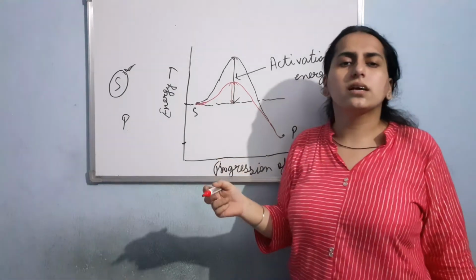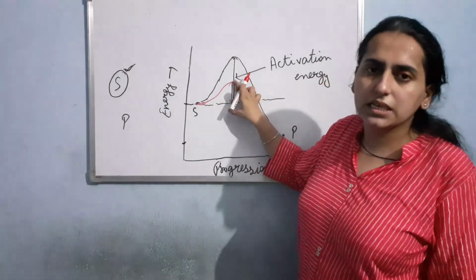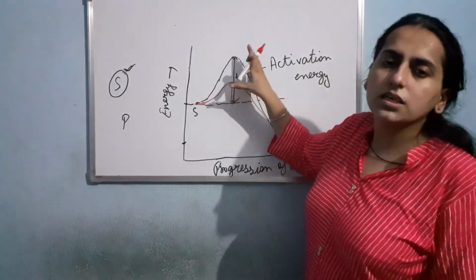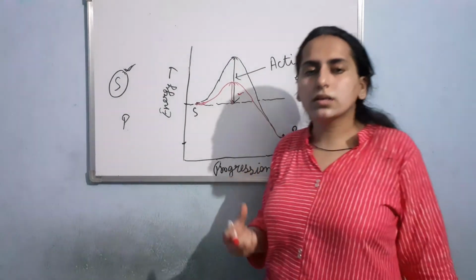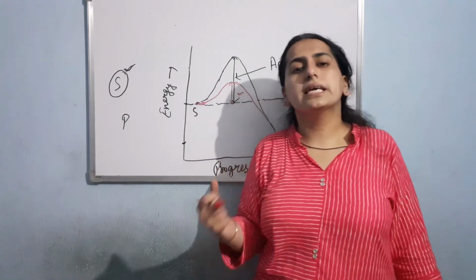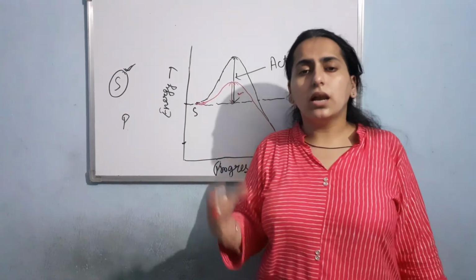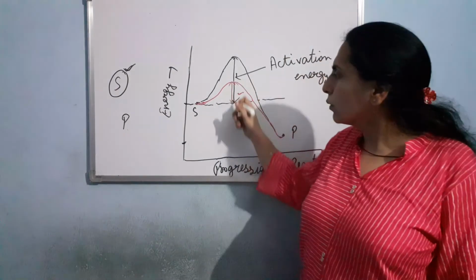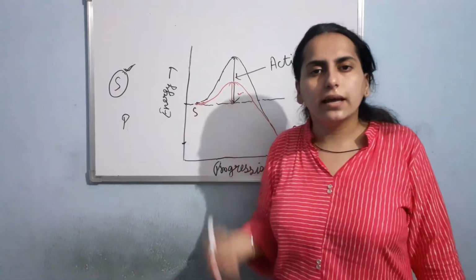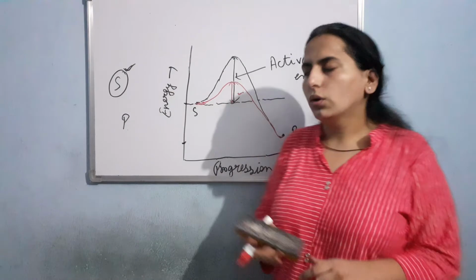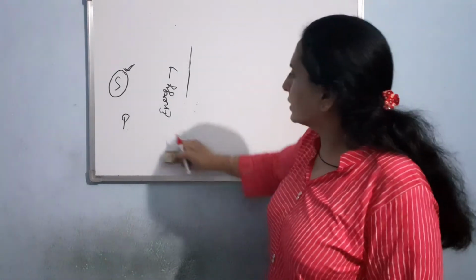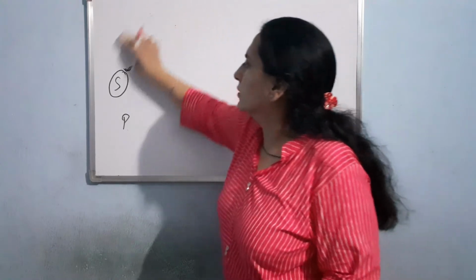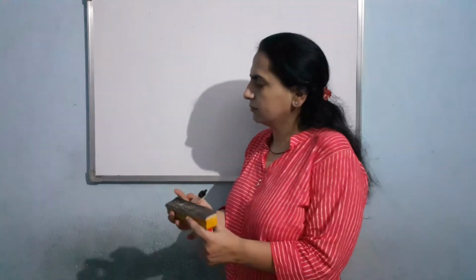Now just think yourself, attaining this much energy is easier or attaining this much energy is easier? Your answer would be this. So how the enzyme works, how is it able to increase the rate of reaction to such a large extent, as it lowers down the activation energy. Clear?